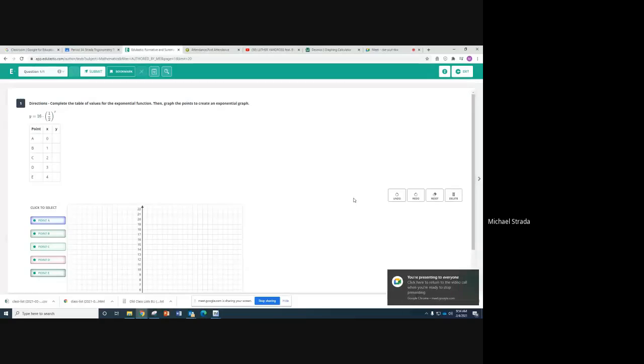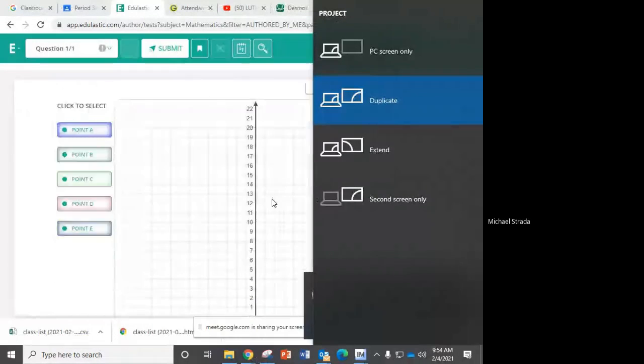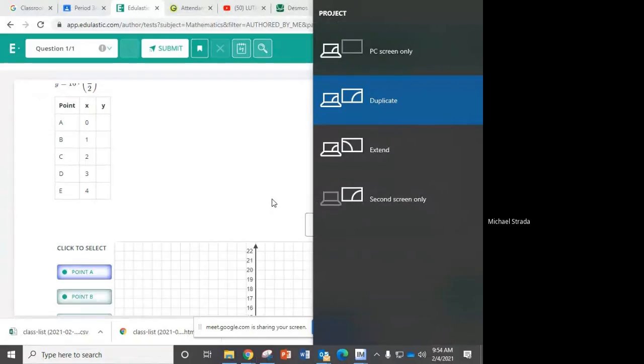When you do physically have to graph, and there's a couple that you have to graph, you don't have to draw the exponential curve. You just have to plot points.